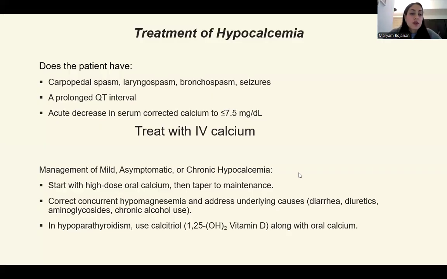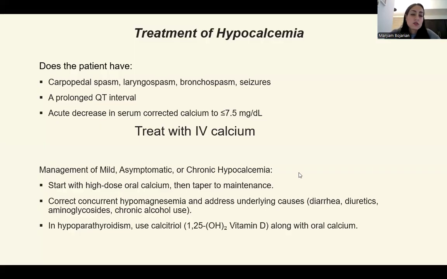Also, if your patient has hypoparathyroidism or kidney dysfunction, you have to give your patient the active form of vitamin D and oral calcium. Because if your patient does not have parathyroid hormone, the enzyme 1-alpha hydroxylase is not going to work.